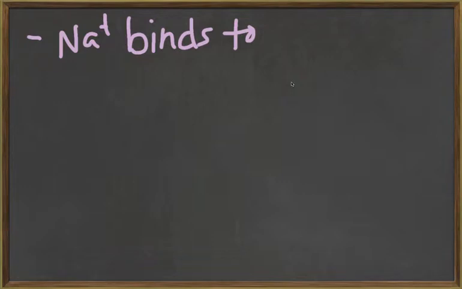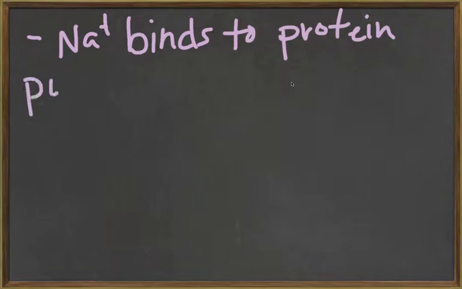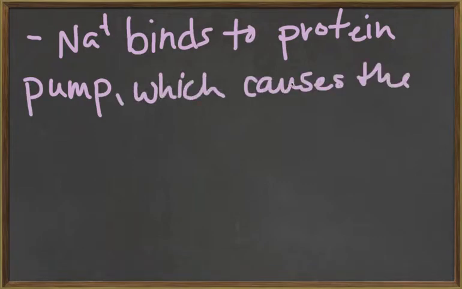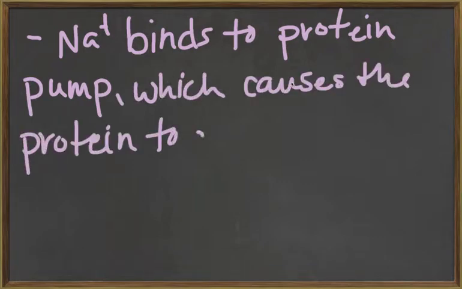The way that a sodium-potassium pump works is that sodium binds to the protein pump. It'll have specific spots where it will receive whatever it needs to carry. So it binds to that protein pump, which causes the protein pump to change shape.